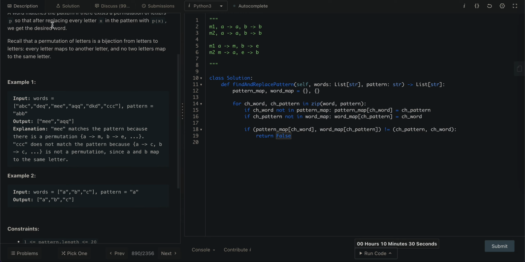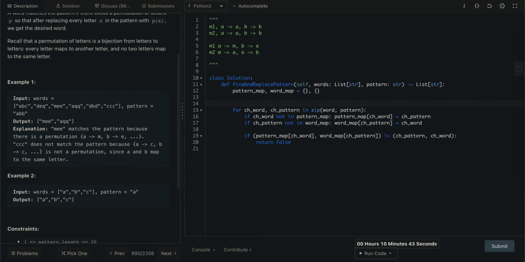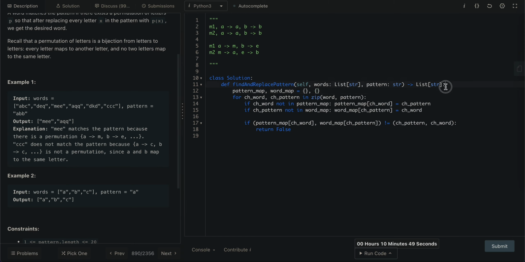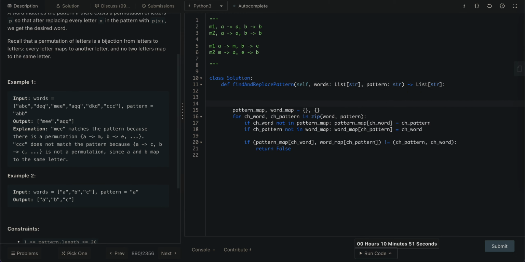Some solutions use something like a filter and lambda, but I am not aware of that, so I am going to write a for loop.